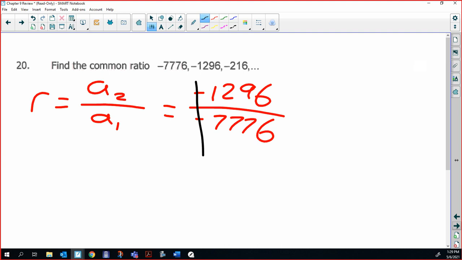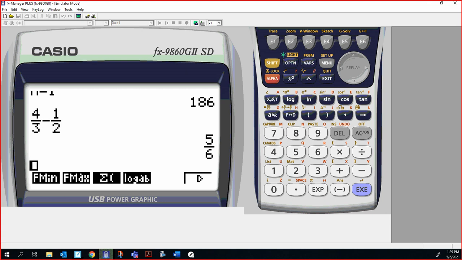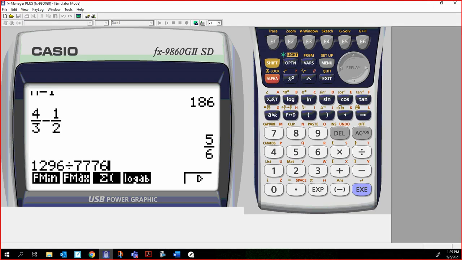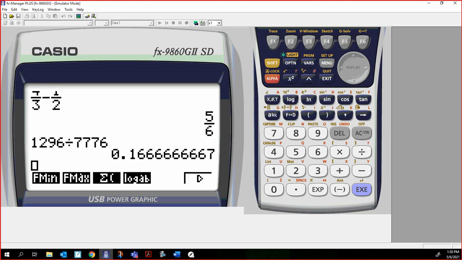1296 divided by 7776. Enter. It gave it as a decimal.